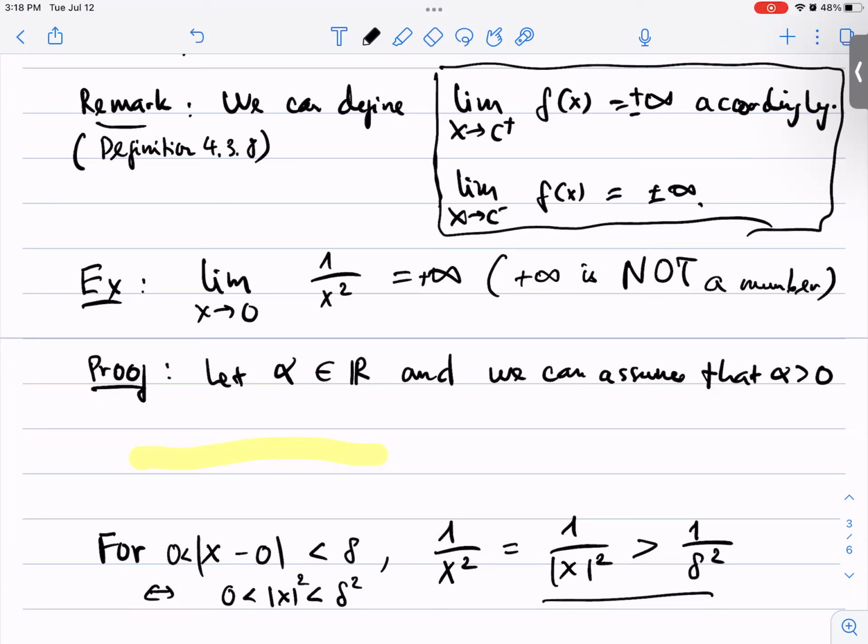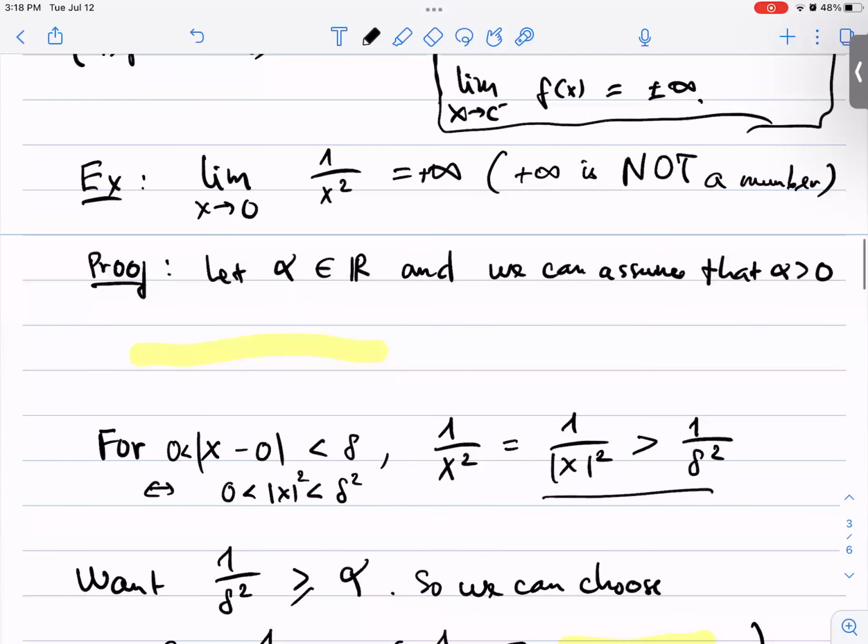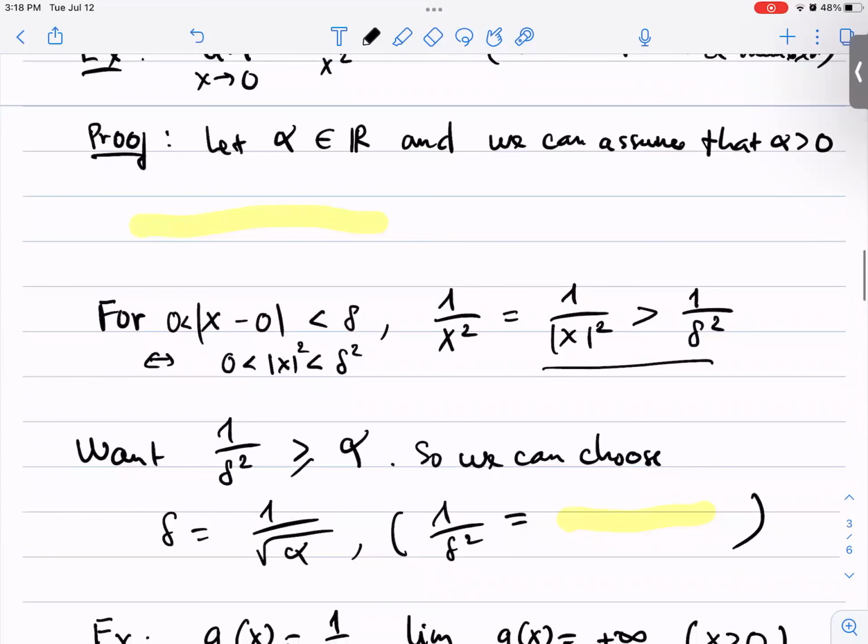We want to show that the limit of the function 1 over x squared when x approaching 0 is equal to plus infinity. Remember, plus infinity is not a number. So in order to solve this problem, we have to apply the definition. Let alpha be a real number, thinking of a very big real number. And we can assume that alpha bigger than 0.